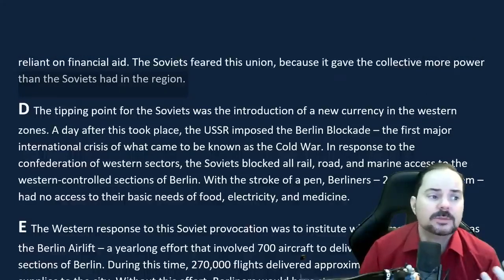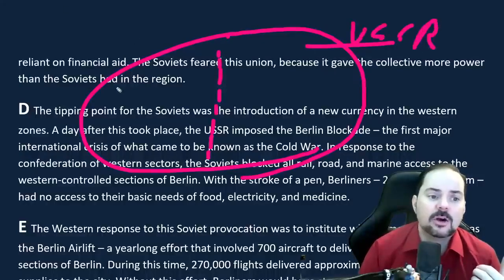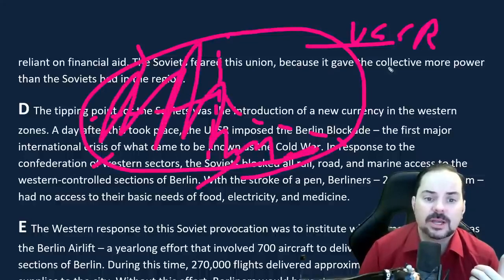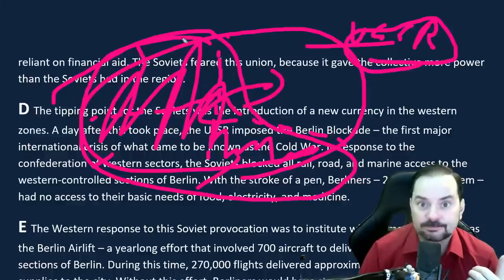So again, you should be picturing this divided Germany, with one side the USSR, and now instead of having multiple parts between the US, the UK and France, you have one unified region, right? So the Soviets are like, oh, wait a second, you guys are teaming up on this side. That's not fair. Now we're at a disadvantage.